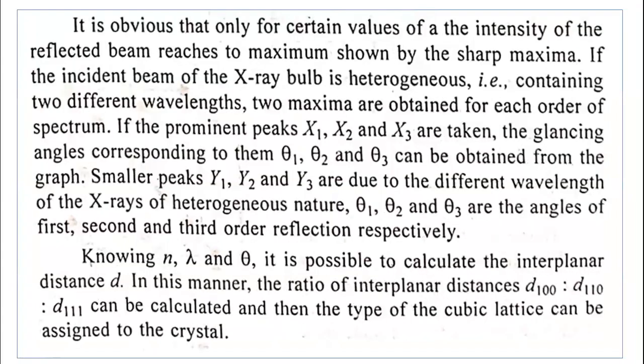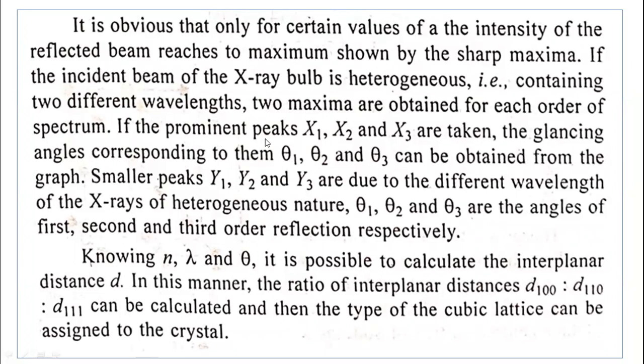So with the help of this X-ray spectrometer, we can determine the intensity of the ionization and, corresponding to the angle of rotation, theta 1, theta 2, theta 3 can be obtained from the graph.